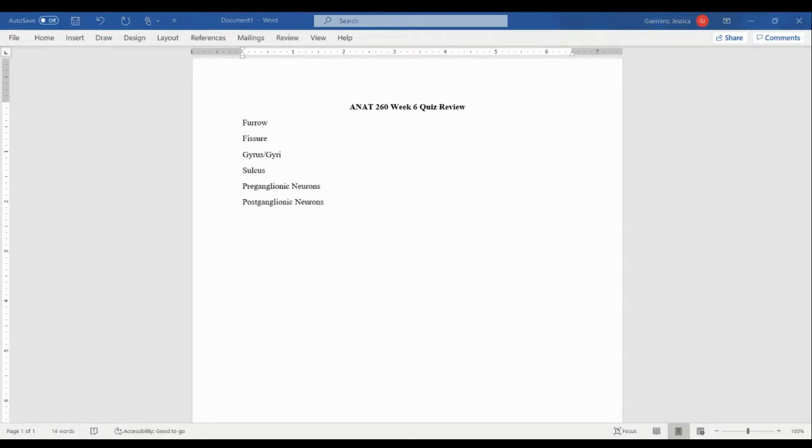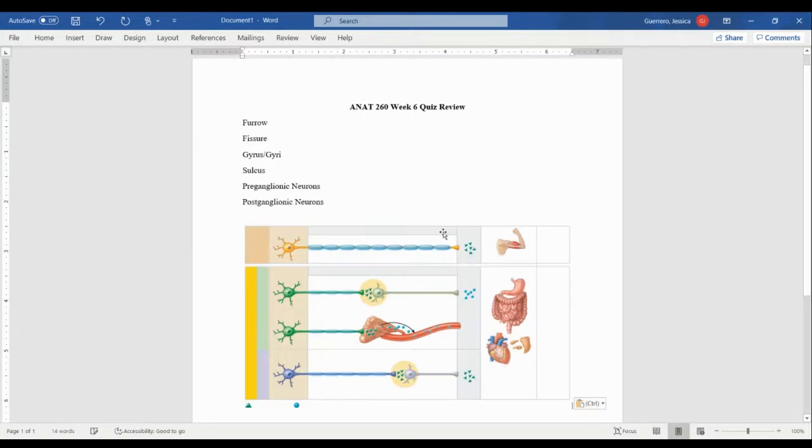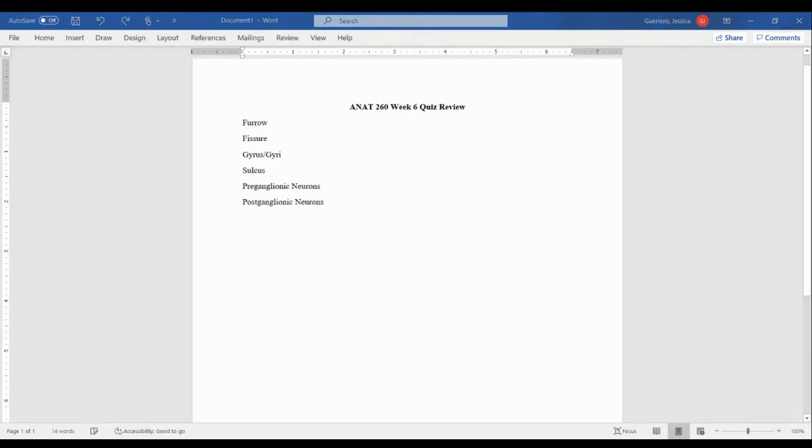I'm going to pull it up real quick and put this diagram in there. I'm getting this from the notes titled Autonomic Nervous System.